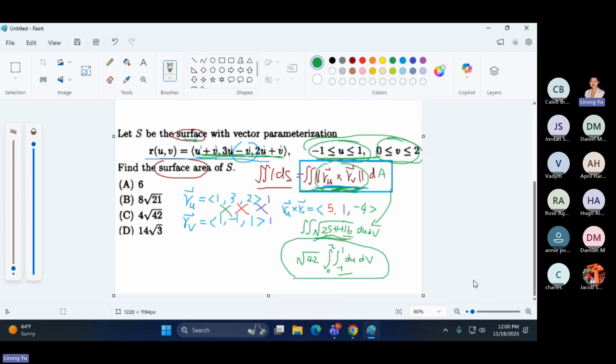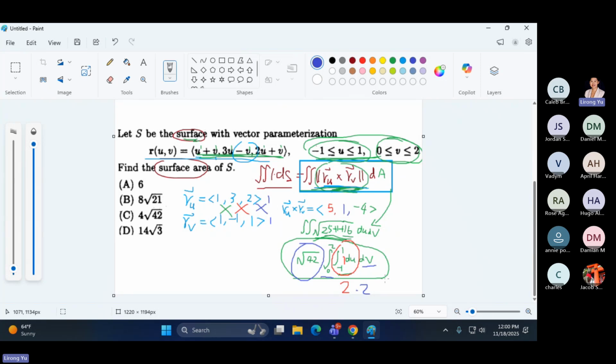That's right. Okay. So you see the calculation that was integrated. This is 1, right? The antiderivative is u, with u equal 1 and u equal -1. 1 minus -1 is 2. And then you bring the 2 outside. You integrate dv: the integral of 1 dv is v, from 0 to 2. 2 minus 0 is also 2. And then you have this outside number 2.